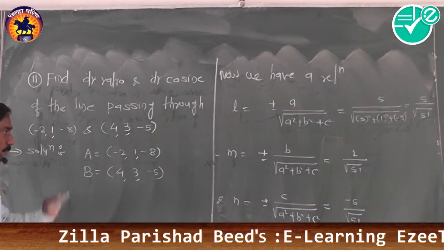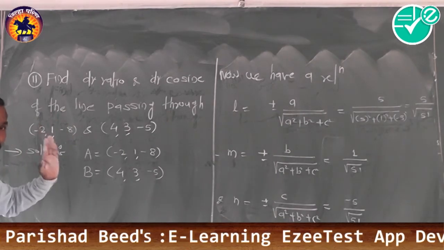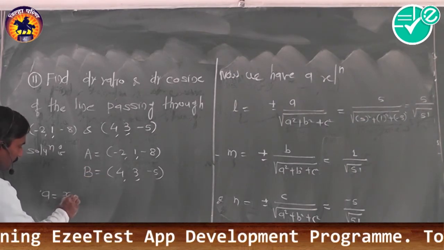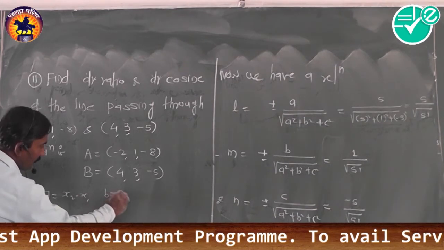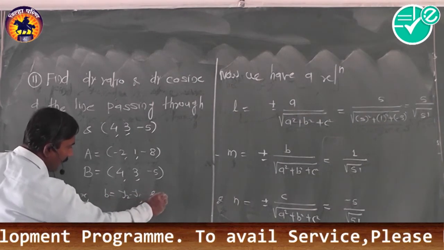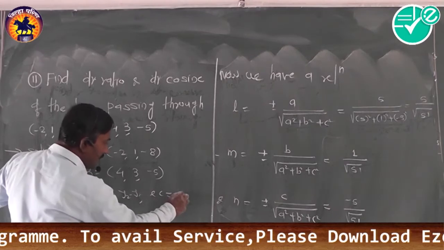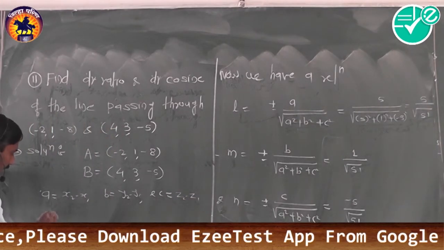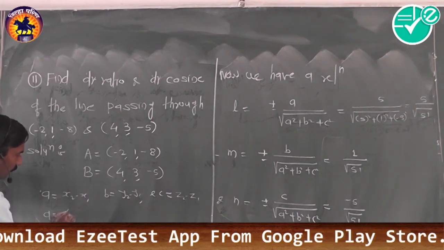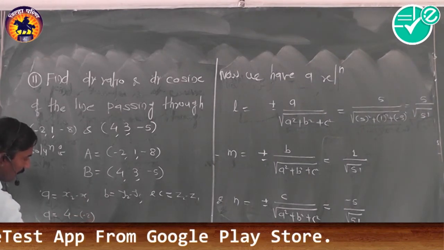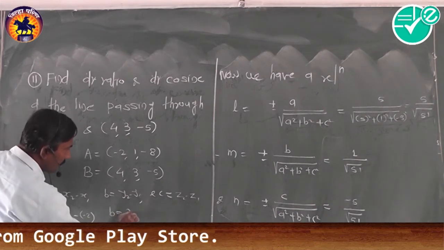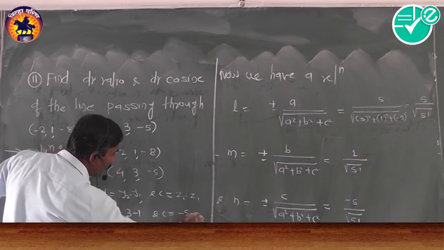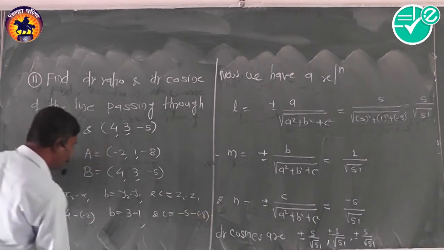Okay. Now first we find the direction ratios. Shortly, A is equal to x2 minus x1, B is y2 minus y1, and C is z2 minus z1. So what will be next? A is 4 minus (-2), B is 3 minus 1, and C is -5 minus (-8).